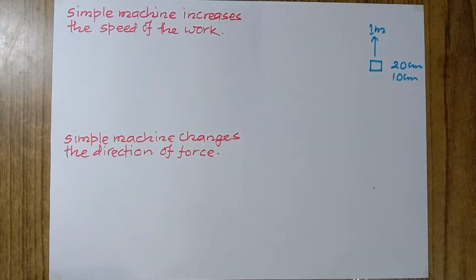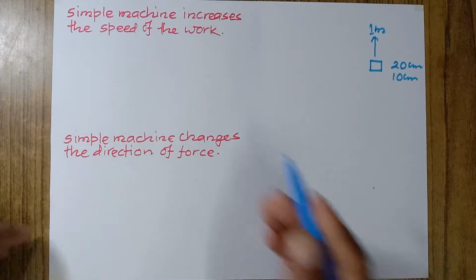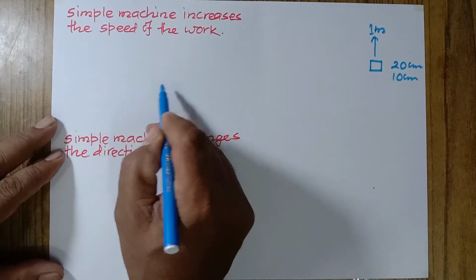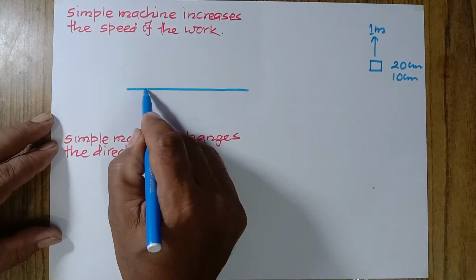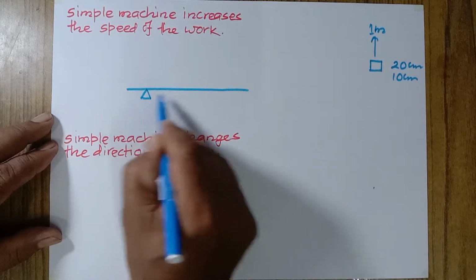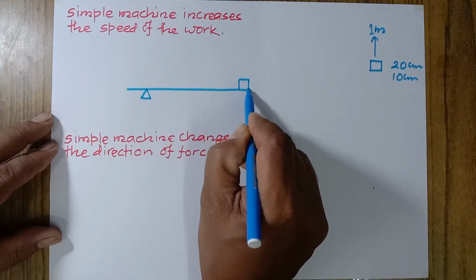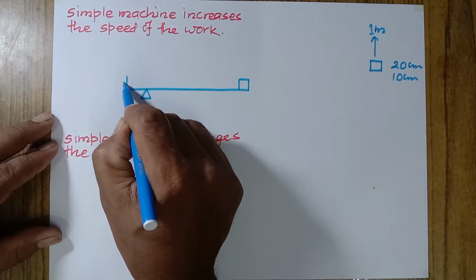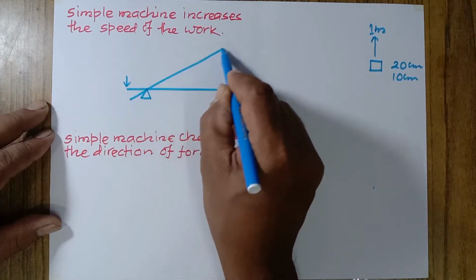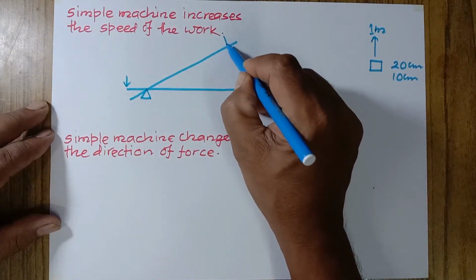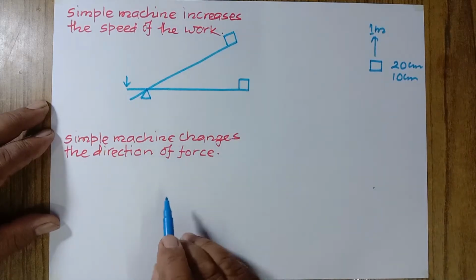But if we use a certain simple machine like this, look at this. This is, let's say, a lever, and here we have the fulcrum, and a load is placed at this position. If we apply force at this point, then what happens? The lever turns this way. Now the load will be raised to this much height.